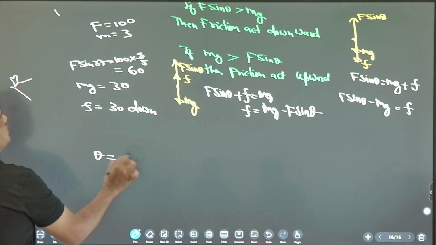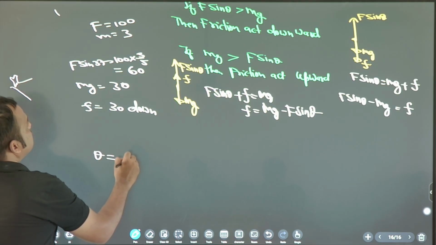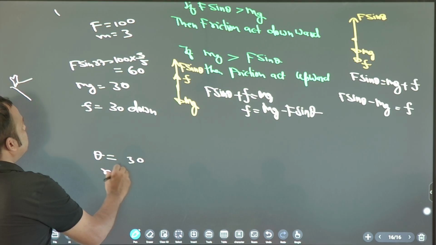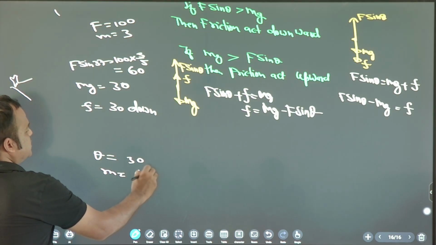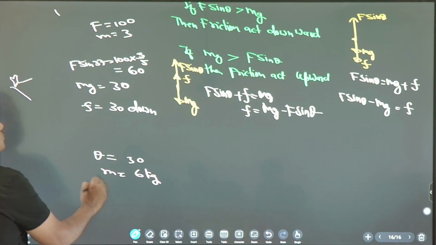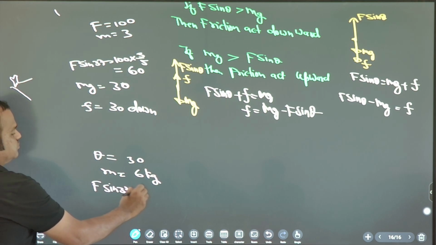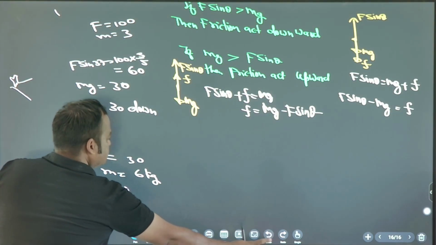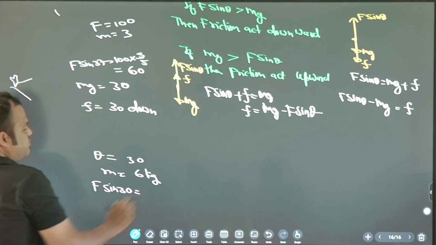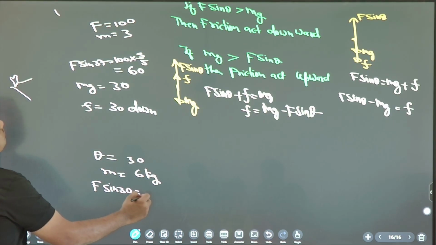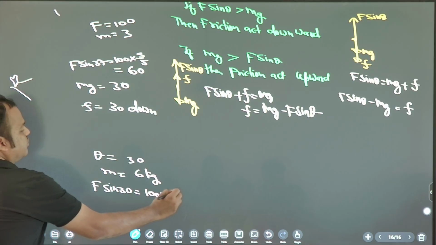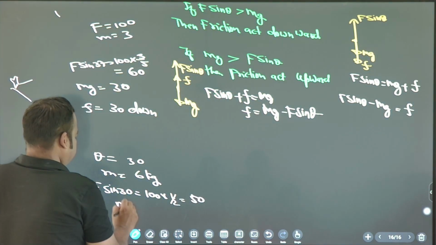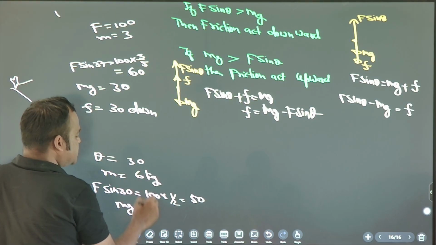Suppose if I am giving theta as 30 and mass I am giving as 6 kg. Now how will you solve? What is f sin 30? 100 into 1 by 2. And mg is 60.